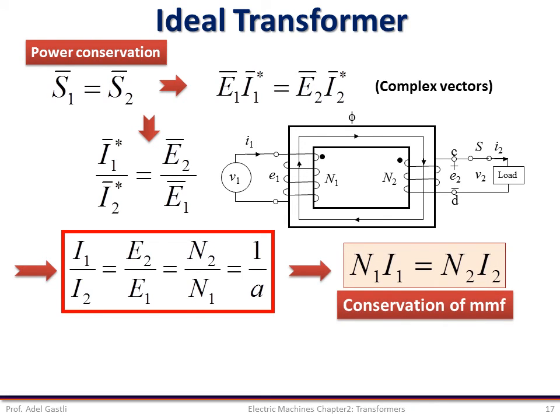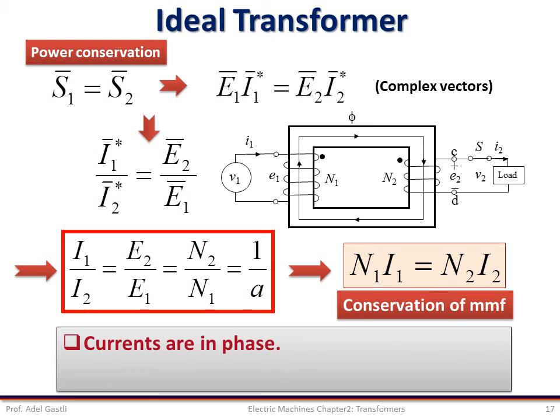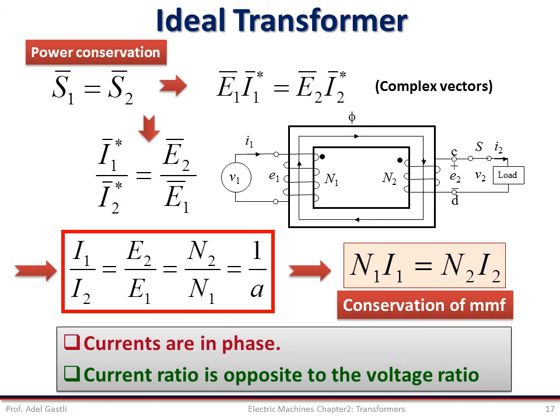From this equation, we can deduce that N1 I1 equals I2 N2, which means that we have conservation of MMFs. In summary, we can say that the currents are in phase and the current ratio is opposite to the voltage ratio.